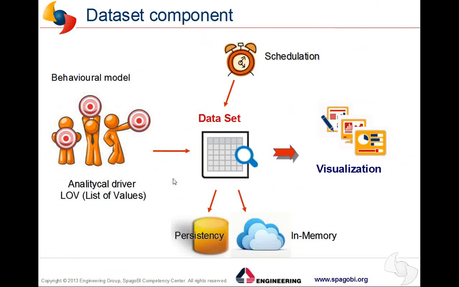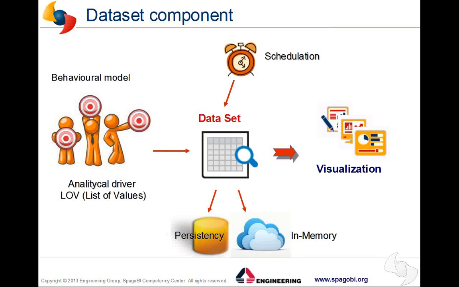Well, it's getting even more powerful with the big data solution, because nowadays it allows different kinds of behaviors. So not only the behavioral model can still be applied to the dataset. So analytical drivers, as we call the parameters, or the list of values, the LOV items, can be applied to the dataset, but also the user profile attributes that can slightly change the behavior of a dataset.